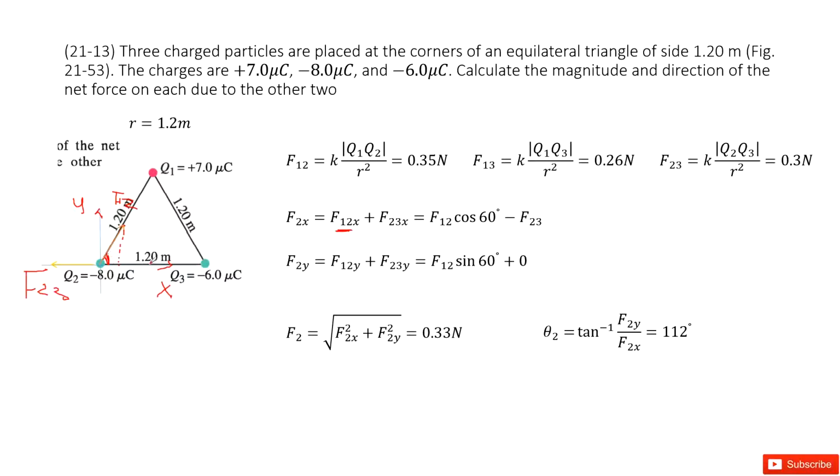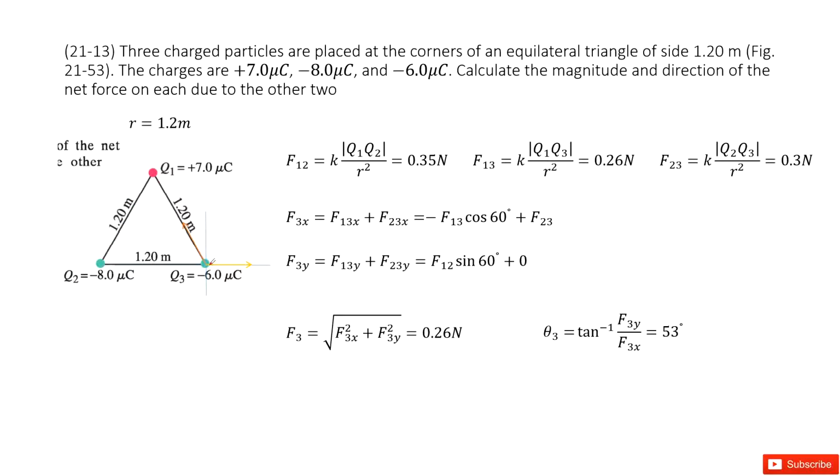This is 60 degrees. And the repulsive force between charges 2 and 3 is just horizontal, pointing to the left, so we add a negative sign. At the Y component, we project F12 as F12 sine 60 degrees plus 0, right? Input the known quantities and we get the net force X component F2X and Y component F2Y. In this equation, we get the magnitude of F2 and the angle of F2.